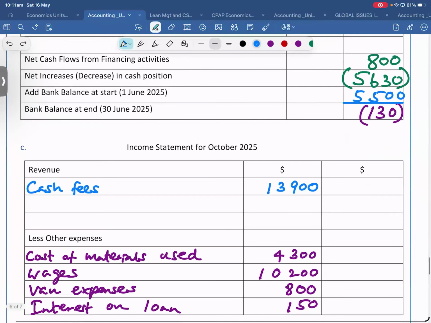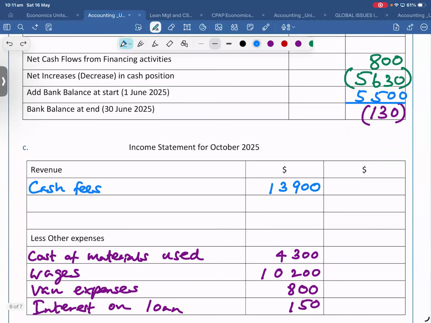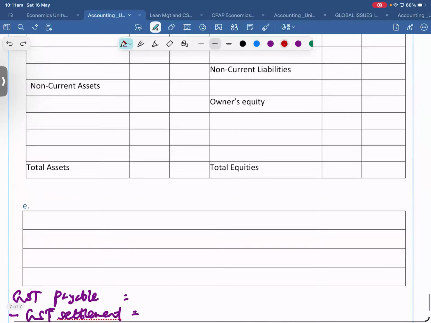Okay, now the cash flow statement is done. If you want, we can do one more thing. This bank balance 130, where can we record this 130 in the balance sheet? Okay, let's go to the balance sheet.